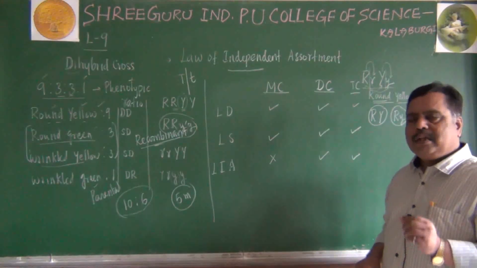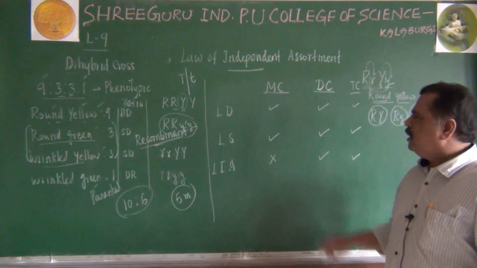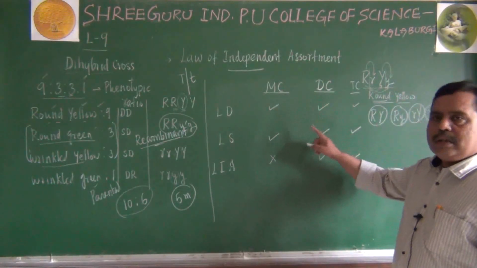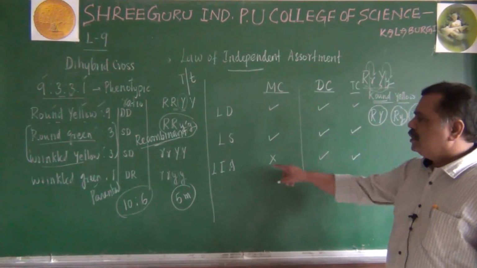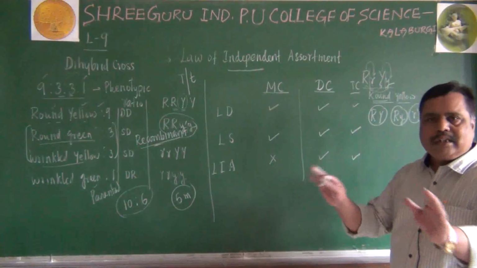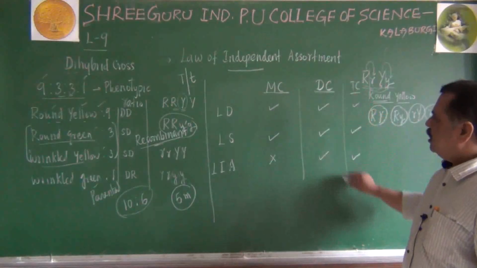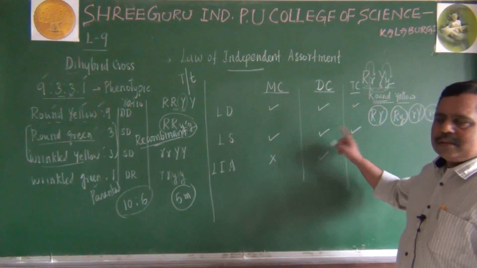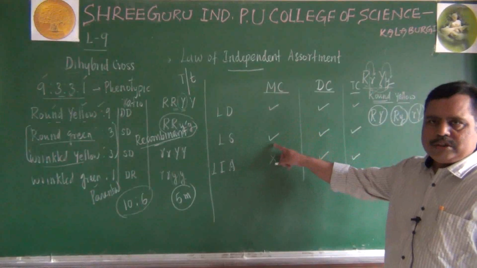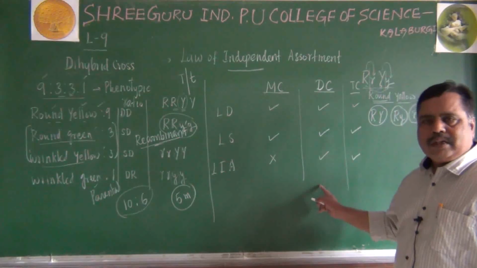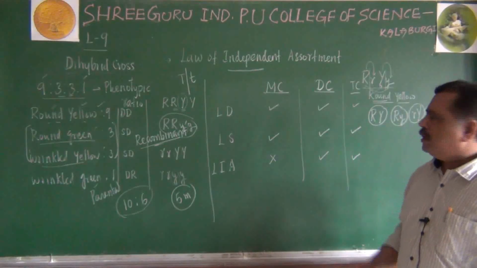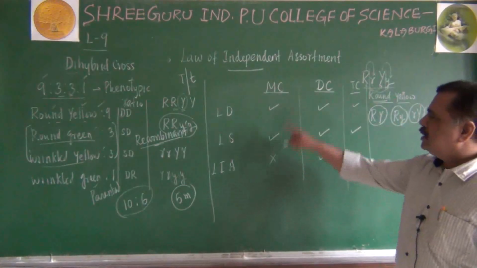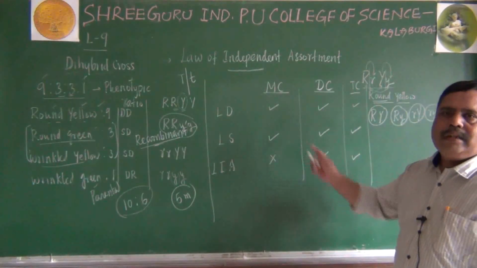So independent assortment comes into picture only when you take more than one character. When you take only one character, there is no independent assortment, there is segregation. When you take more than one character, segregation will happen during gametogenesis, assortment will happen and fertilization will happen with independent assortment. So this is the application of these laws.